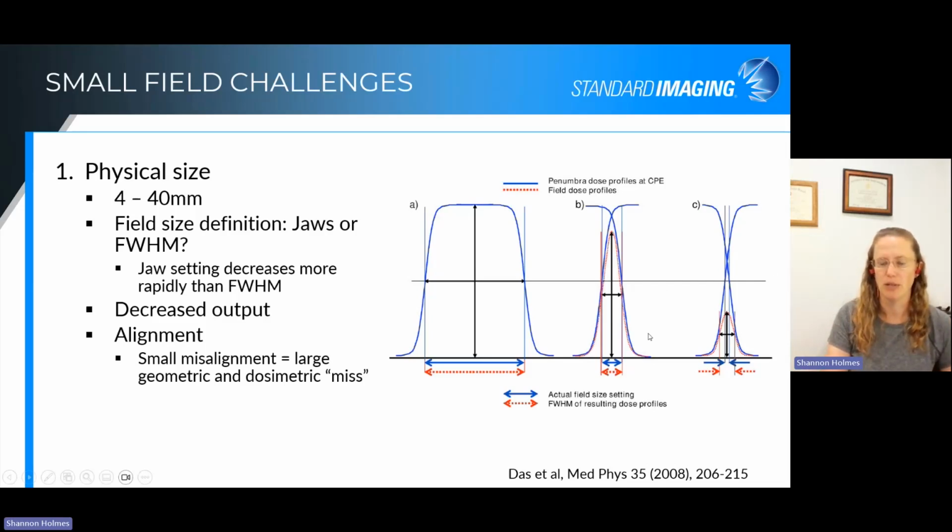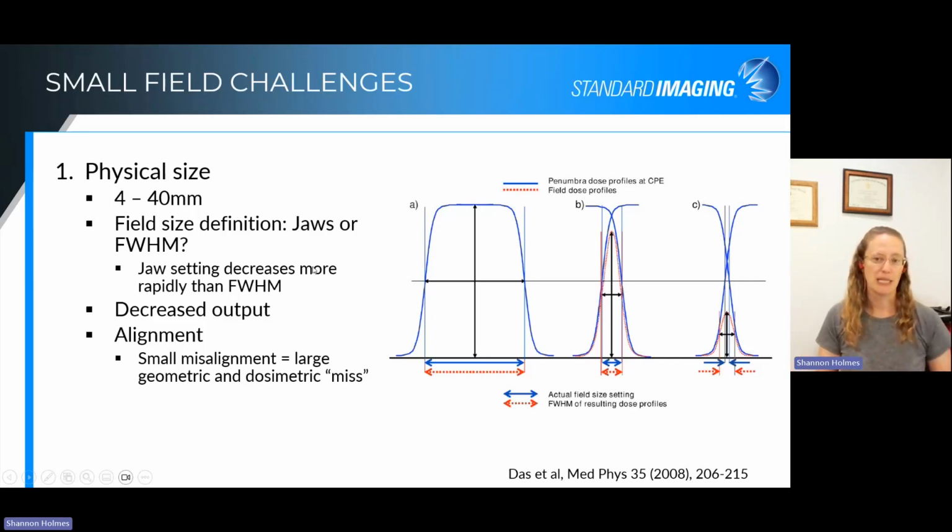This is one of those images from InterDOS, showing if you have a larger field, you have this penumbra shape that is formed by the jaw or the MLC at the side of the field. And when these two jaws get close enough together, now you get an overlap of that attenuation at the penumbra, which actually decreases the output of your field, increases the full width half max beyond what that jaw setting is.